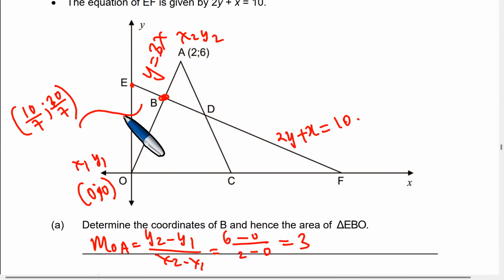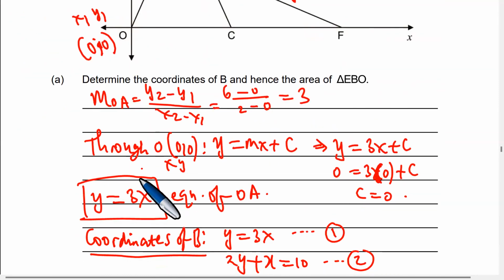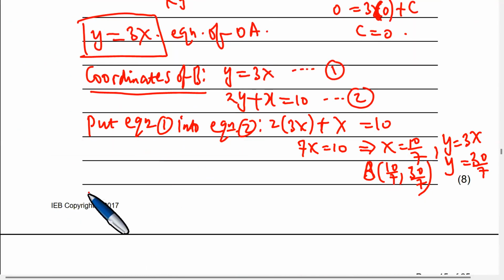Now we want to find the coordinates of E. How do you find the coordinates of E?